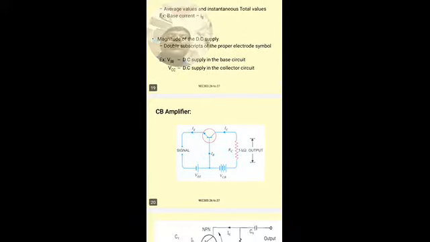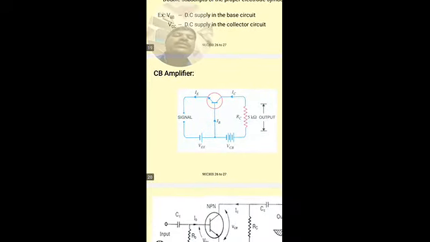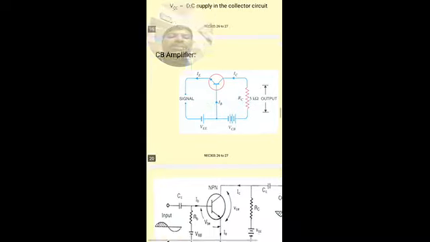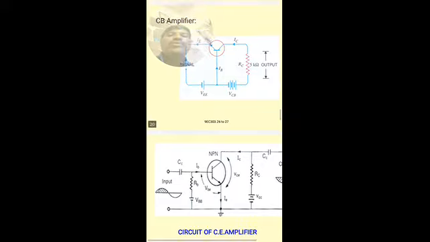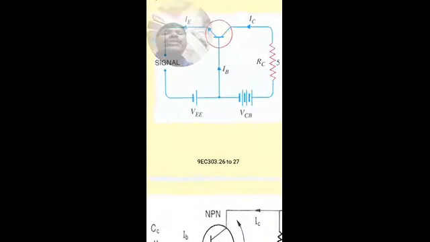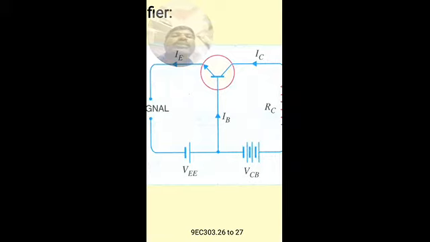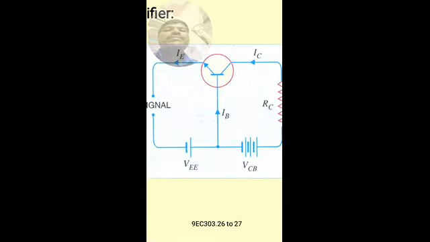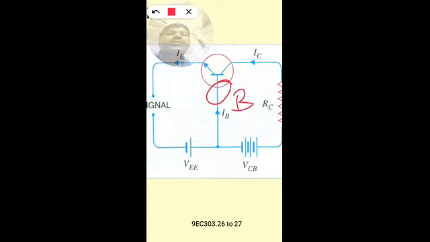So this is the figure showing the transistor connected in the CB configuration. The base terminal is common for the input and output side.